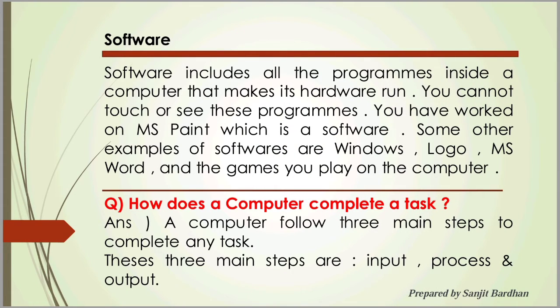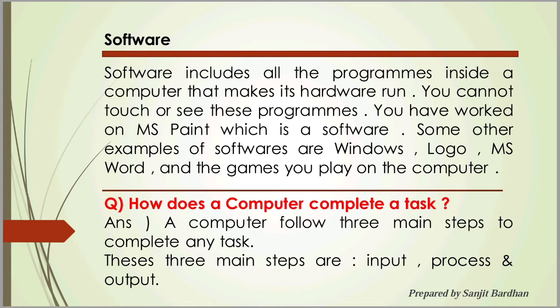Software. Software includes all the programs inside a computer that make its hardware run. That means software and hardware communicate with each other. Without software support, hardware cannot run. You cannot touch or see these programs. That means we cannot touch or see software.